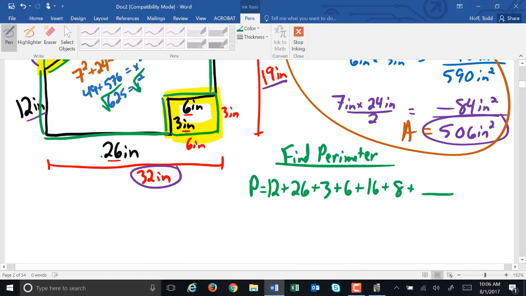So I add 25 inches to that, which is going to give me 96 inches of perimeter. Any questions?